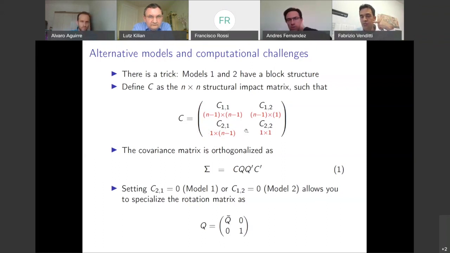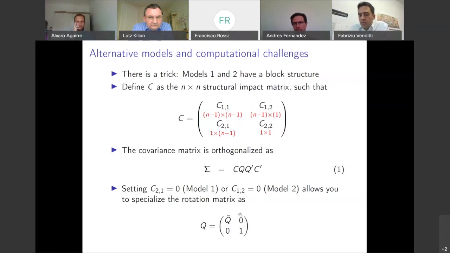These are the zero restrictions that tell us the SPR shocks have no impact, so that the rest of the model does not respond within the month to SPR shocks. To have Model 2, you need to set to 0 this column vector instead. Now, if you do this, then the nice result is that you can specialize the rotation matrix Q to have this form, so to be block diagonal.